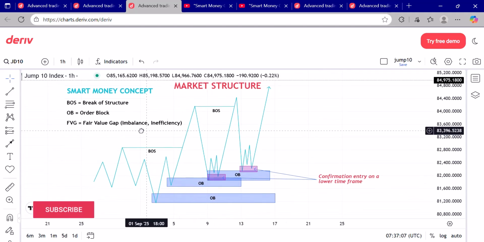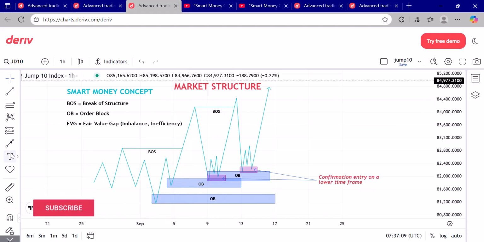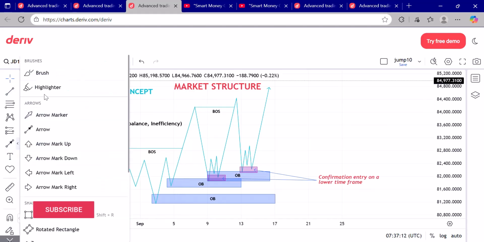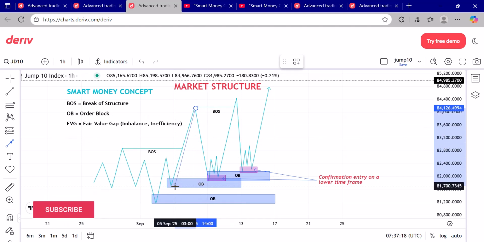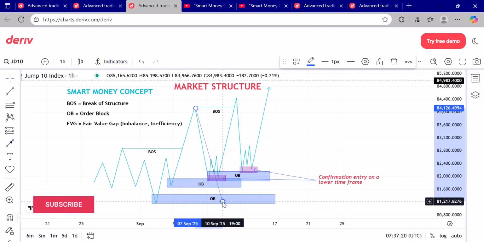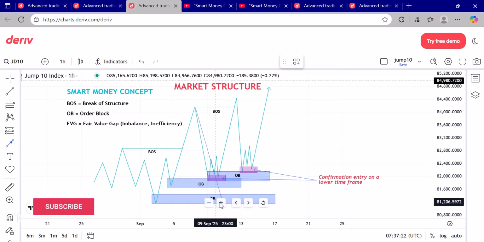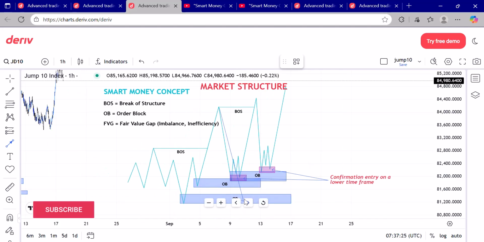At times price might react this way. You can have price coming from here, taking out this zone, and then getting into the zone before it finally moves up.